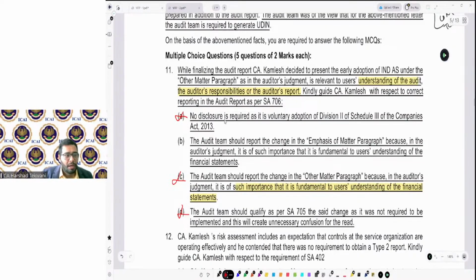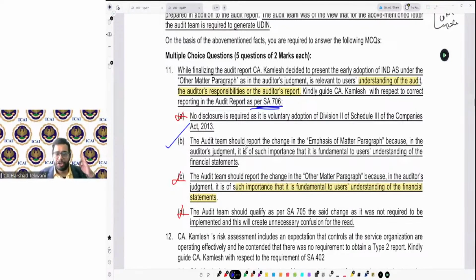Again, if you see the requirement of the question, it says reporting requirement in the audit report as per SA 706. SA 706 talks about the emphasis of matter paragraph and other matter paragraph, not anything else. No disclosure is not covered in SA 706, and hence the correct option will be B. And by default also it will be B because it's an emphasis of matter.